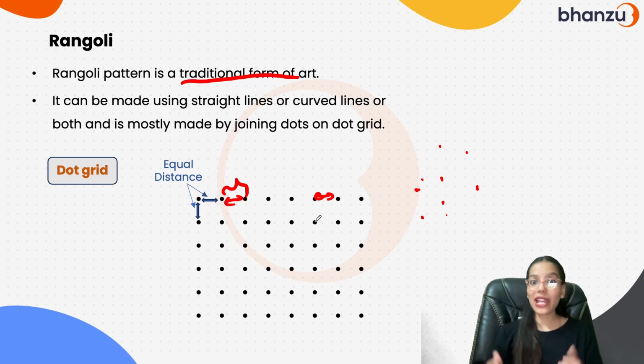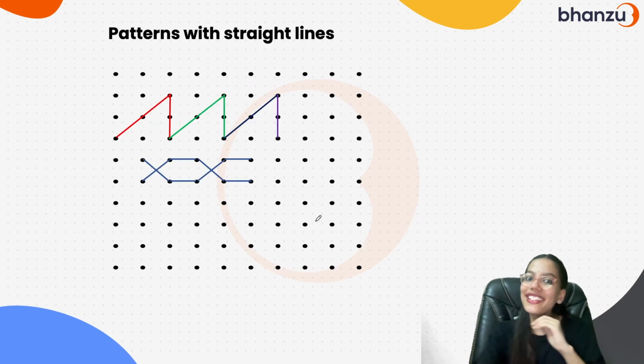Now that you understand what a dot grid is, let us understand how to make patterns on the dot grid using a straight line. So here if you see, I have connected 3 dots using a straight line, and this straight line is a slanting line, correct? And then I have drawn another straight line which is a standing line.